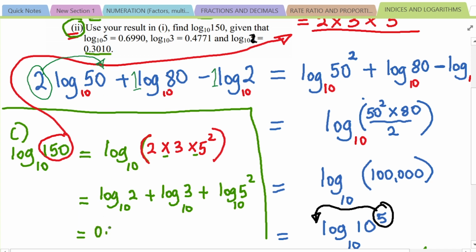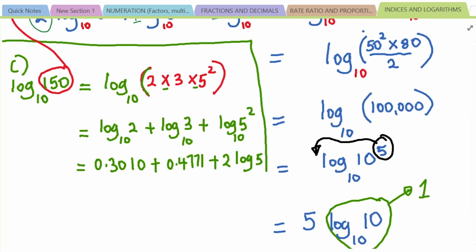So that is 0.3010 plus log of 3 base 10 is 0.4771, plus log of 5 squared, this is the same as 2 log 5. That 2 came from up here; this is 5 squared, so that 2 came down there. So that's why it's 2 log 5.